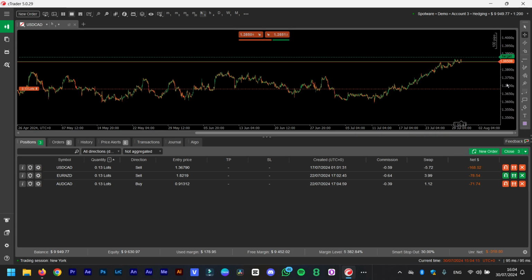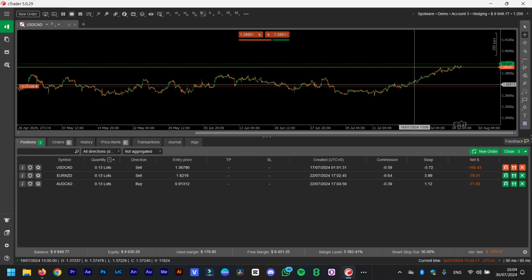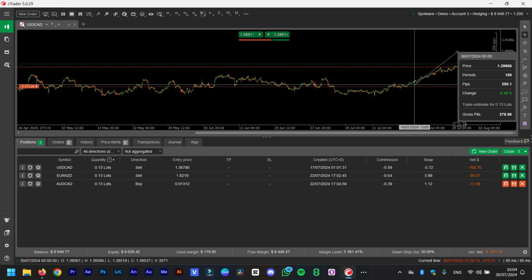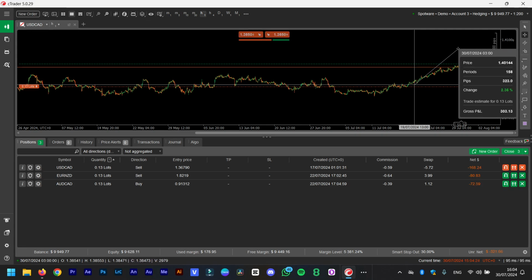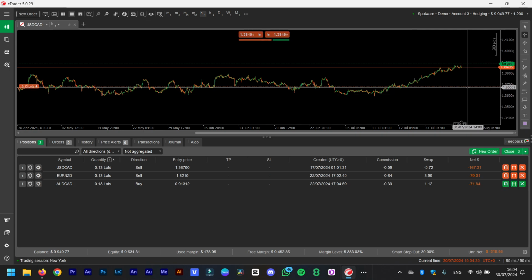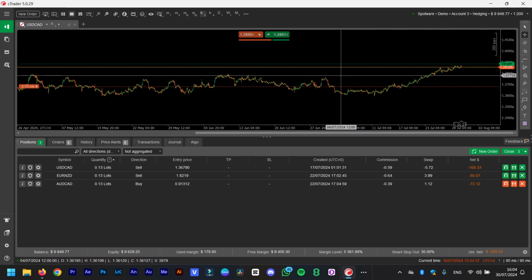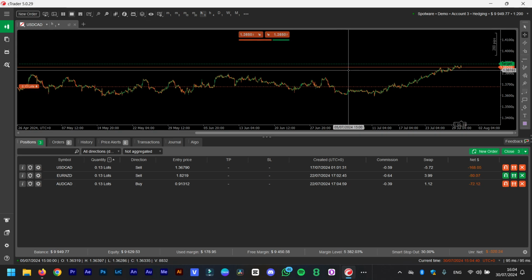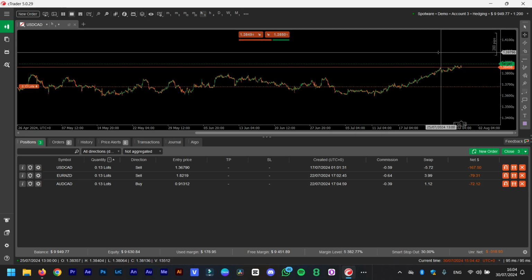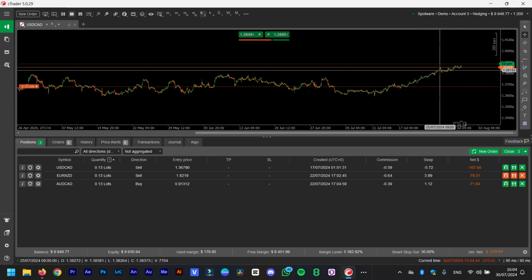If we hit 2.1 or 2.3% of negative trades in percentage, I would say, what I'm gonna do is open another trade here, another USD CAD selling position to improve my average price. But I'm not gonna do this right now because we haven't gotten there yet.